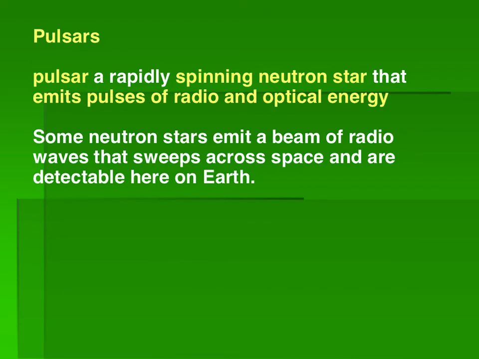Okay. Another thing you should know about is a pulsar. It's a rapidly spinning neutron star that emits pulses of radio and optical energy. So some Russian scientists recently have kind of captured some of these sounds because they make a radio wave that they've converted into sounds. They sound quite beautiful.